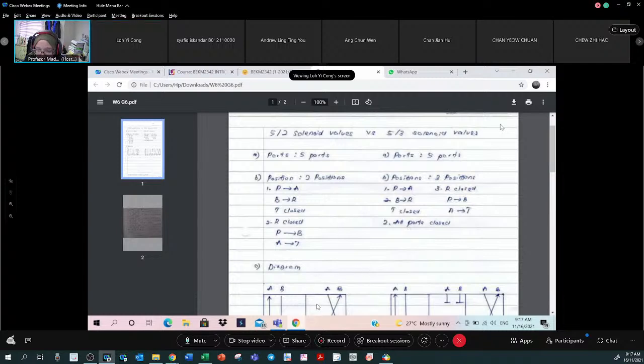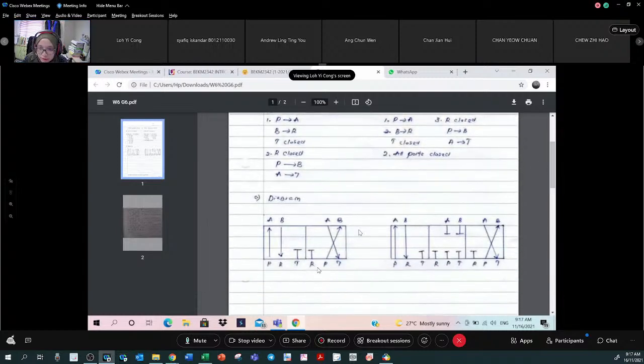Here are the ports. And port T is closed. When port T is closed, there will be no flow of oil in the system.